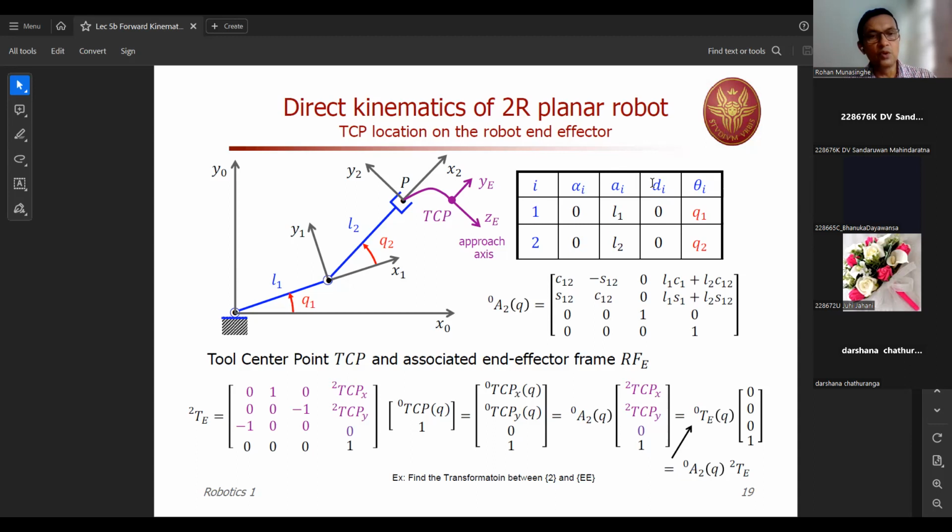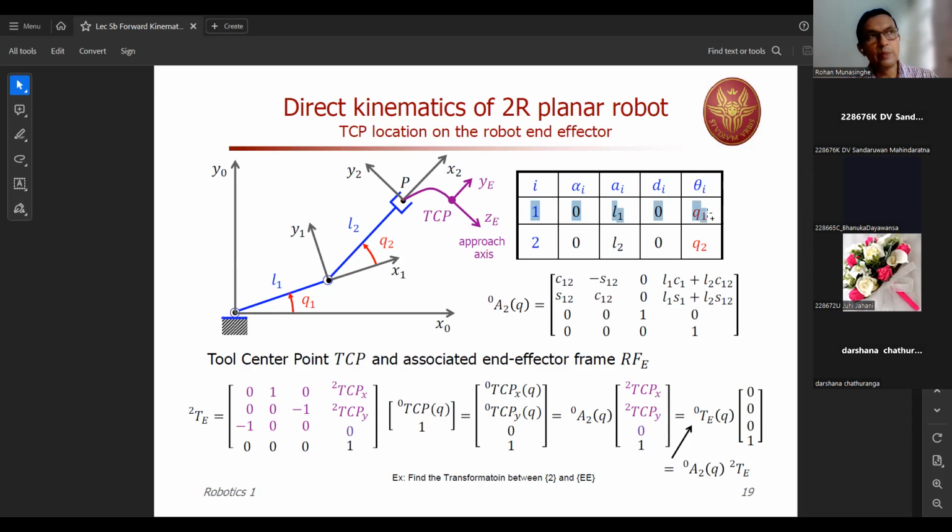But here, you know, everything is on the surface of the screen, right? x1 does not come out or go into the board. So it is in the same plane as x0. In fact, x0 and x1 are intersecting at this point. So therefore, there's no distance between them along the z0 axis. So therefore, d is 0 here for the first row. The first joint, d is 0.